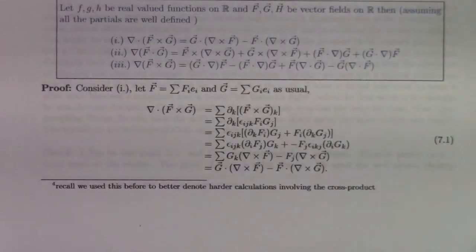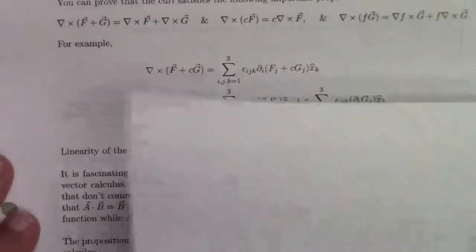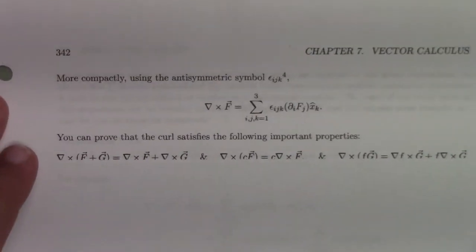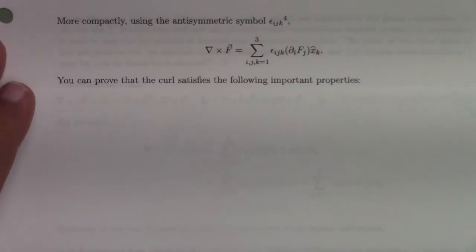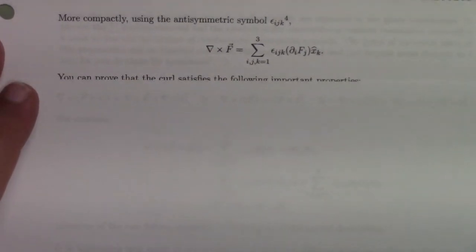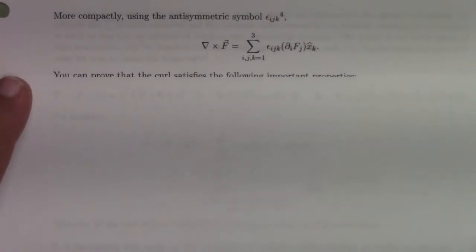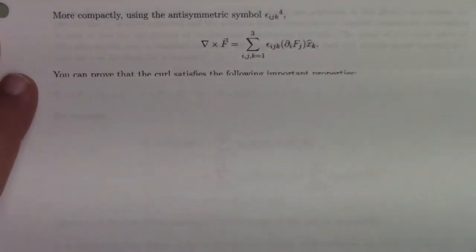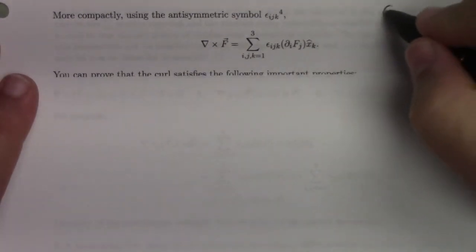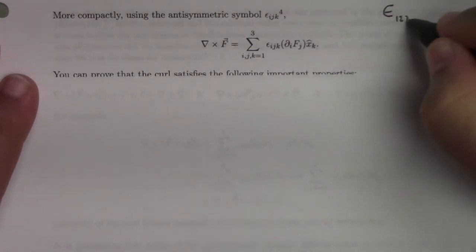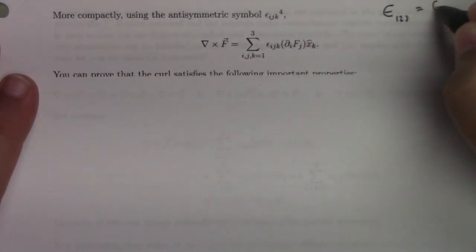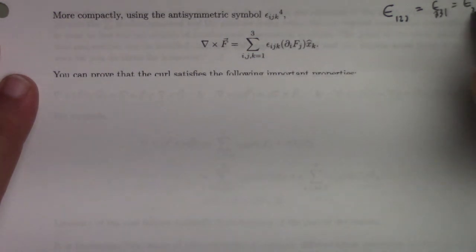All right, so let's see here. Here's a snazzy, wonderful formula for the curl in terms of the Levi-Civita symbol in 3 dimensions. Epsilon ijk, remember, epsilon 1, 2, 3 equals epsilon 2, 3, 1 equals epsilon 3, 1, 2 equals 1.